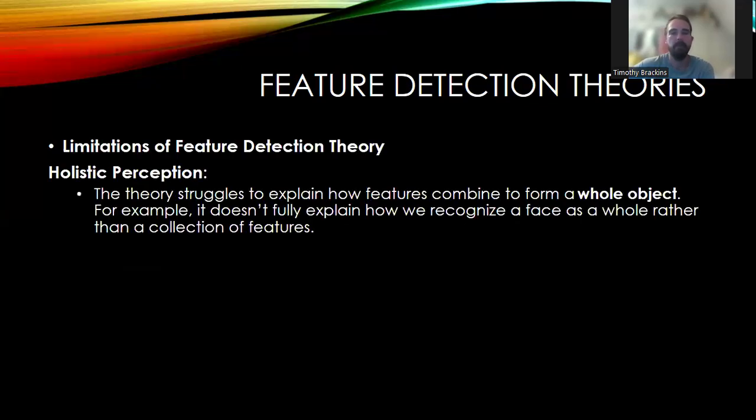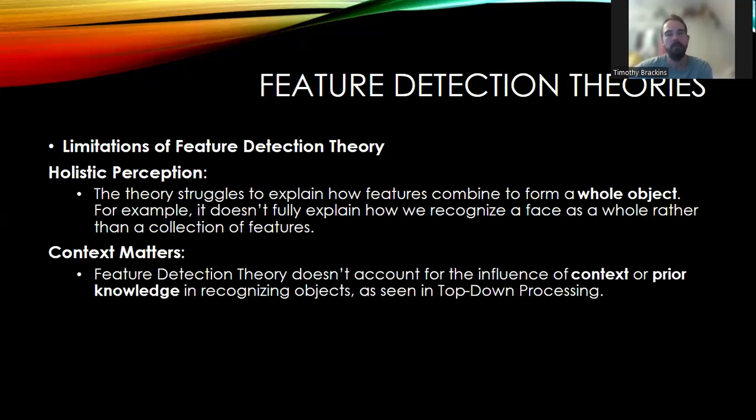Some limitations, however, are that it does struggle to explain how these features actually combine to form a whole object. So it doesn't fully explain how we recognize a face as a whole object rather than just a collection of these features. It can't quite tell us why we're actually seeing this whole rather than just a collection of smaller features. And it doesn't really account for the influence of context or prior knowledge in recognizing objects, which we know occurs in top-down processing.